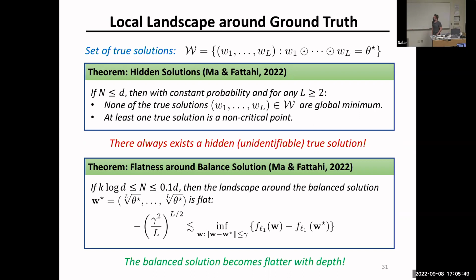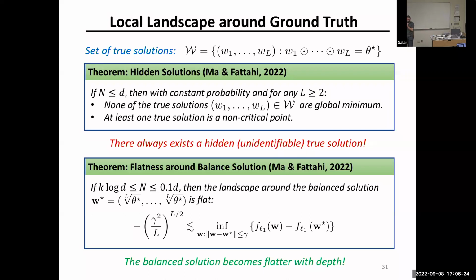The intuition here is, again, if you start at a small initial point, you see something very similar to incremental learning that people always talk about in machine learning. You learn different elements of theta one at a time. You learn the largest one first, and the other elements remain close to 0. They remain in the order of alpha.